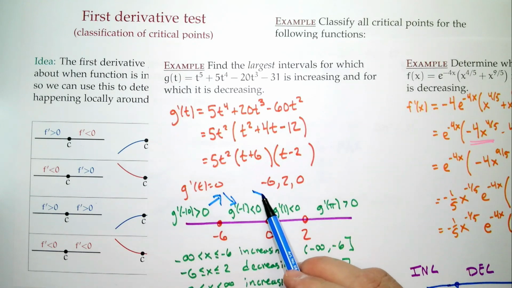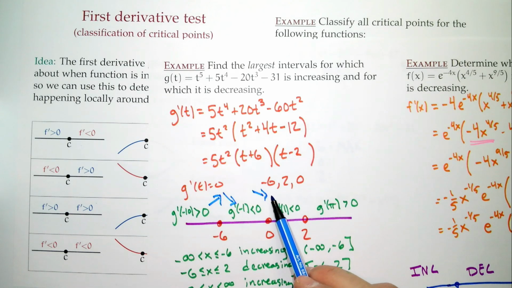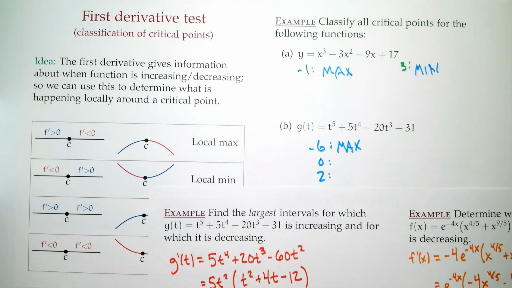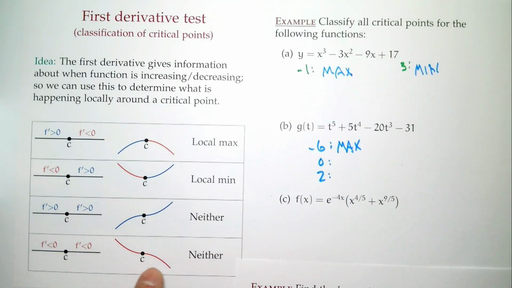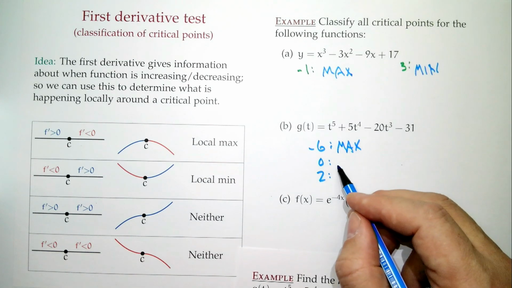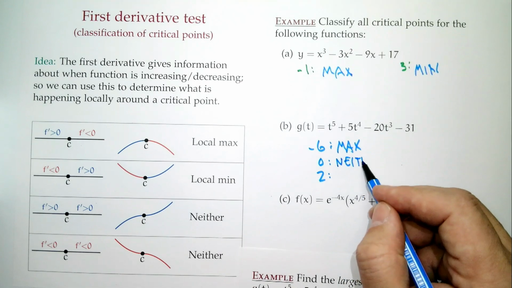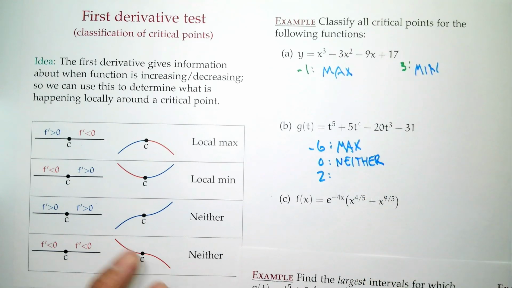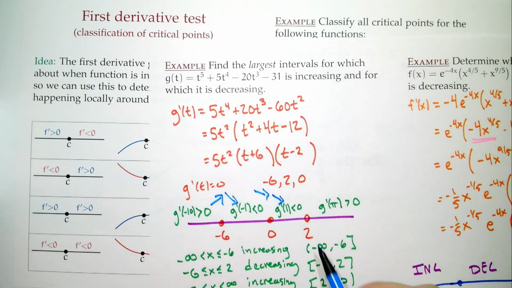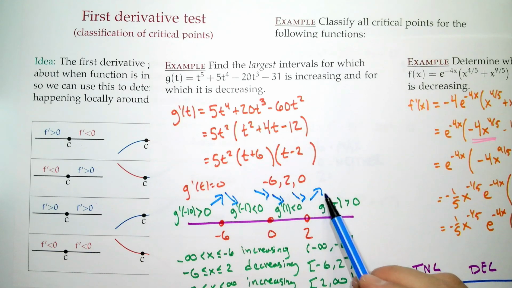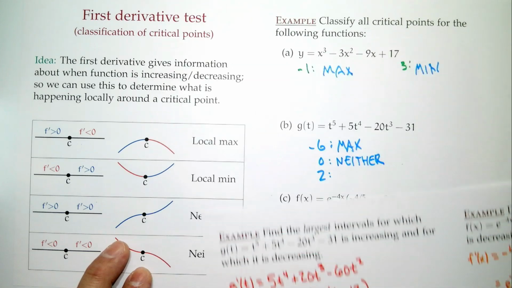We're going down, and then we're going down again. So what does that mean? Well, it means it keeps going down. It's neither max nor min. What happens at 2? We go down, and then up, and so 2 is a min.